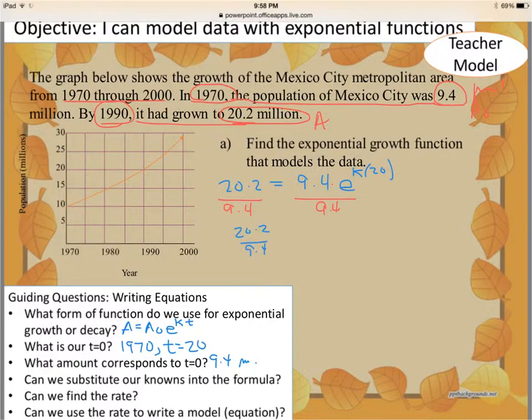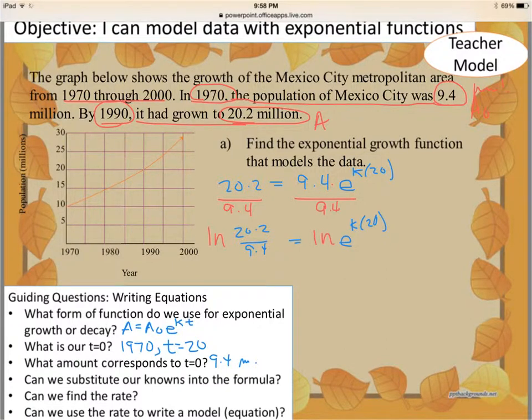I'm going to have to put that in the calculator and figure out what it is. That's going to be equal to base e raised to the k times 20. Okay, so I want to solve for k. Right now it's stuck up in the exponent. I see that we have base e. So one thing that we could do is take the natural log of both sides of the equation.